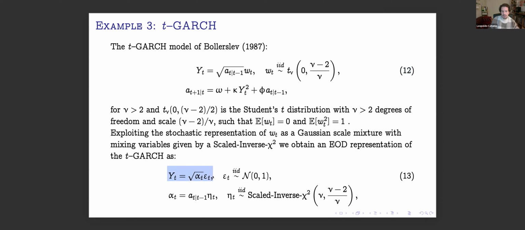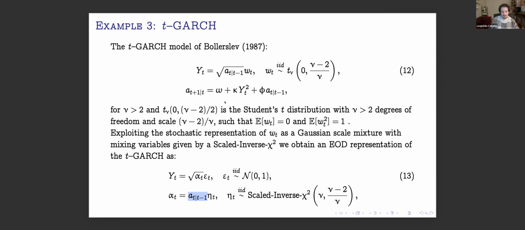Now we have a measurement equation, and in this measurement equation we have a state variable and some shocks, and these shocks are Gaussian in this representation. And then we have a state variable, alpha t, and this is its specification. And now the shocks in the state variable are scale inverse chi-square. And alpha t given t minus 1 follows the usual Garch recursion here.